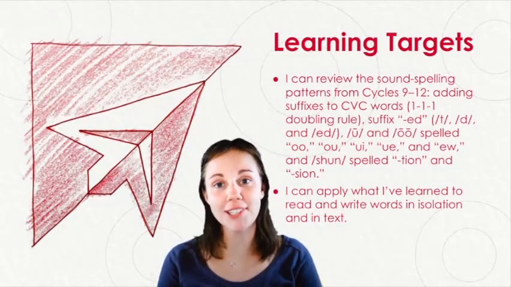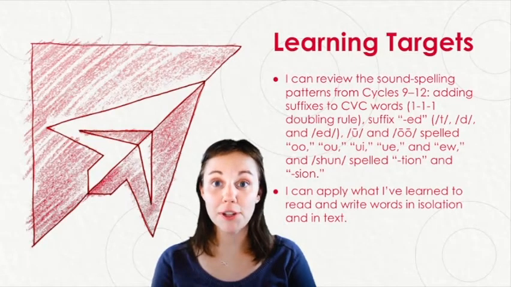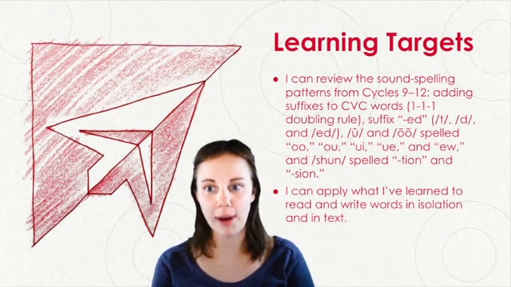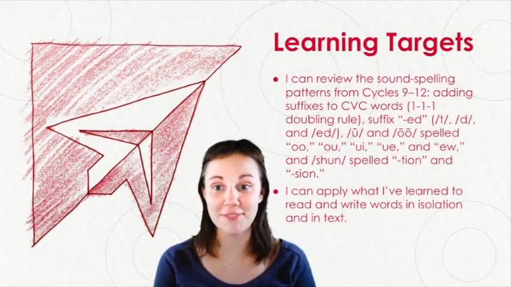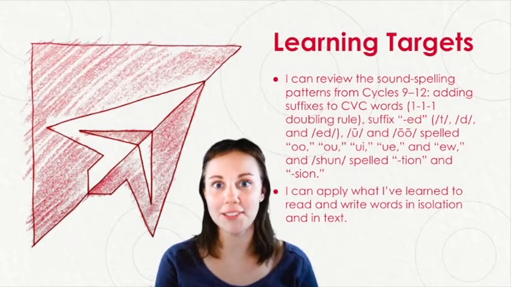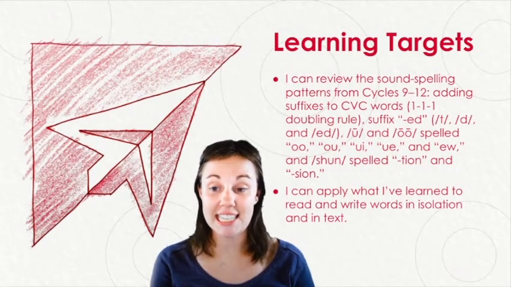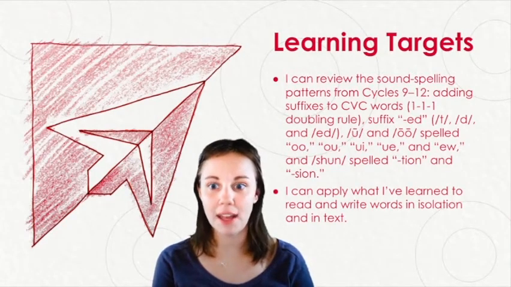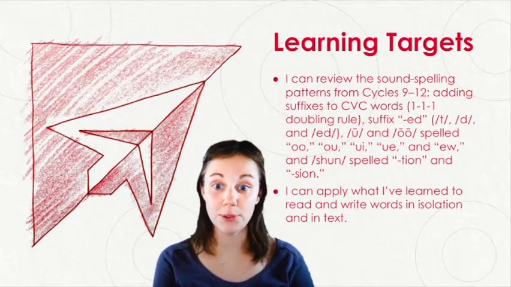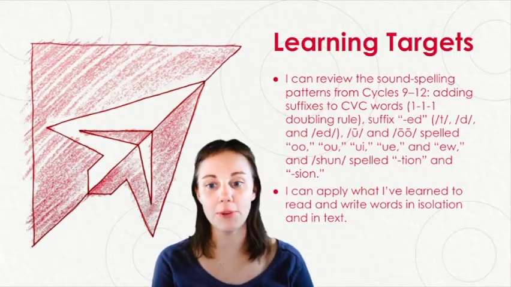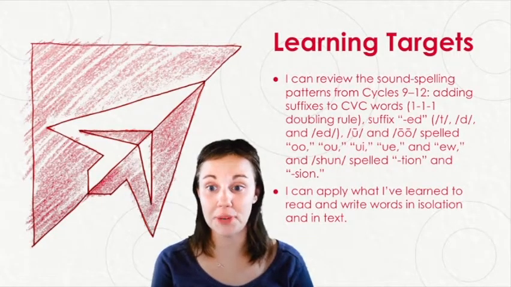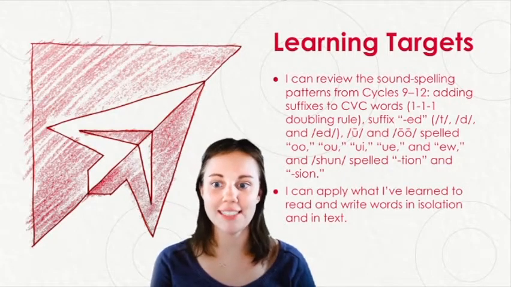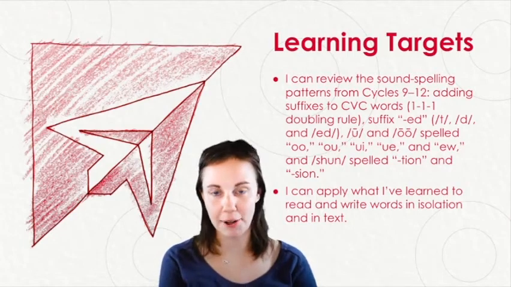Follow along with the first learning target. I can review the sound spelling patterns from cycles 9 through 12, adding suffixes to CVC words, the 1-1-1 doubling rule, suffix ed, making t, d, and id sounds, long U and oo spelled O-O, O-U, U-I, U-E, and E-W, and shun spelled T-I-O-N and S-I-O-N.